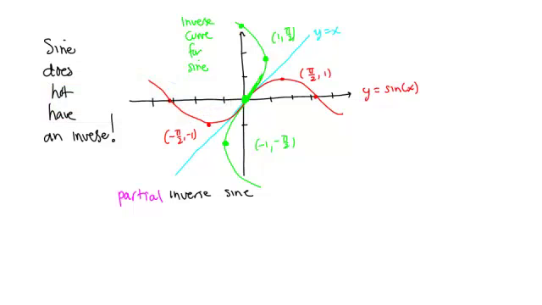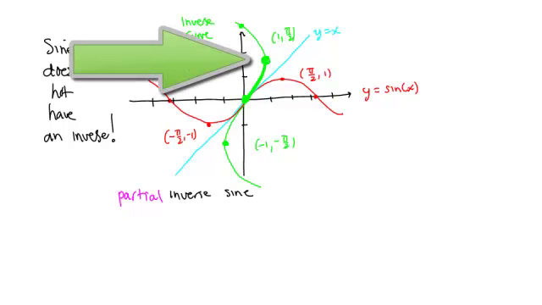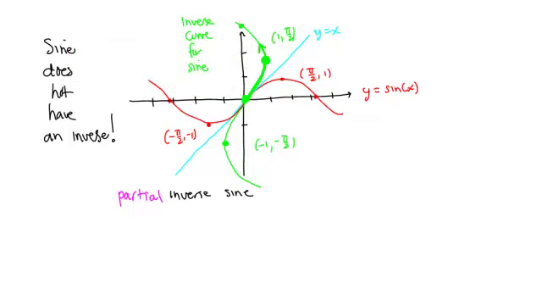So we could continue to the right all the way up to this point right here. But the minute we go any higher than the point 1, comma pi over 2, we're curving backwards. And the minute we curve backwards, we're going to fail the vertical line test. And so everything above this point we're going to have to toss out.